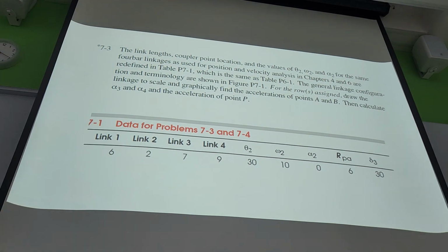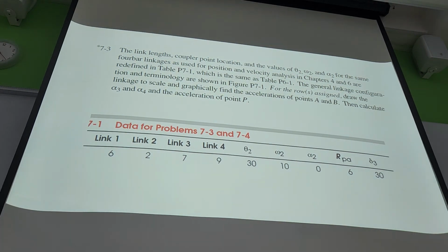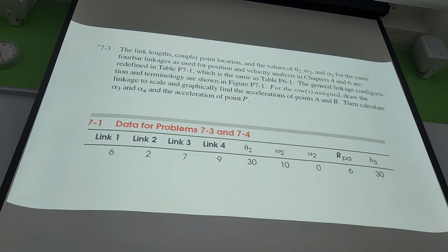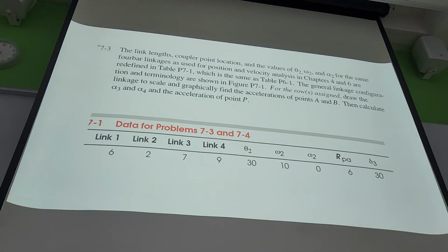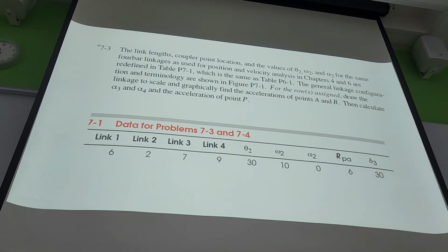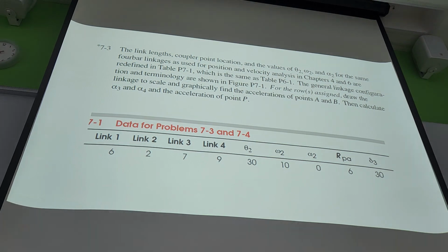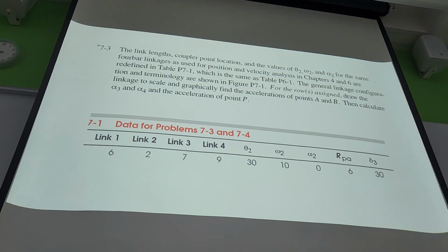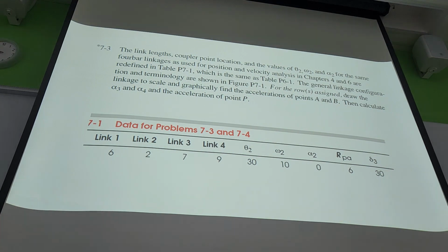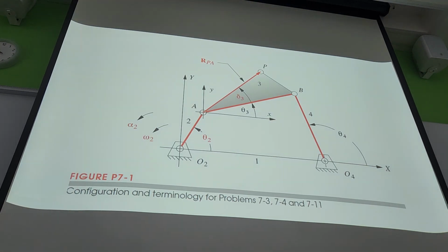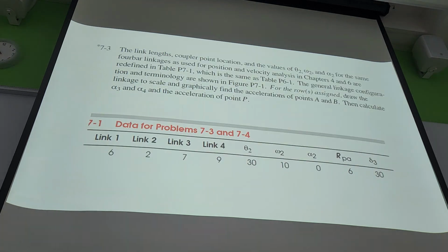So first, just note down the numbers, and the figure I'll show in the next slide. So this is the figure. Just note down the numbers only.